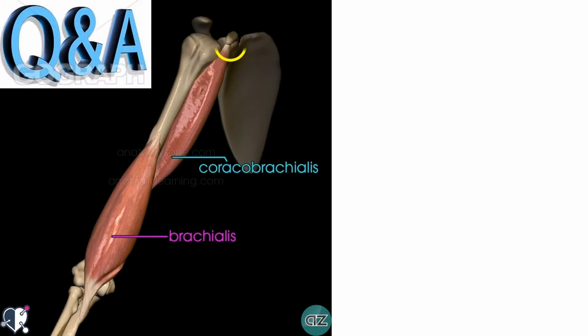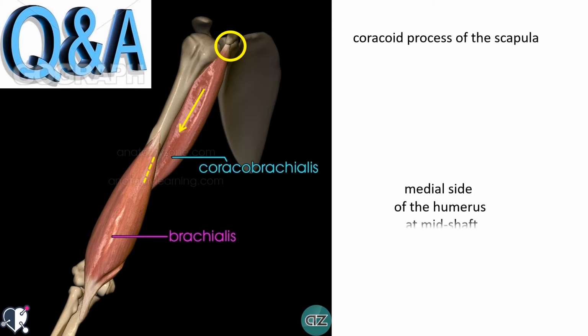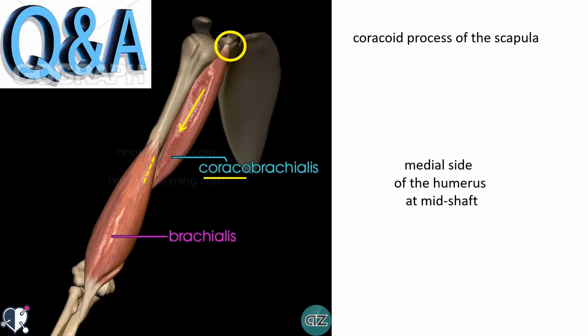Question: what is this? This is the coracoid process holding the upper end of the coracobrachialis, and the coracobrachialis comes down on the medial side of the humerus after crossing the shoulder joint and attaches here on the medial border of the humerus, and this is the coracobrachialis muscle.